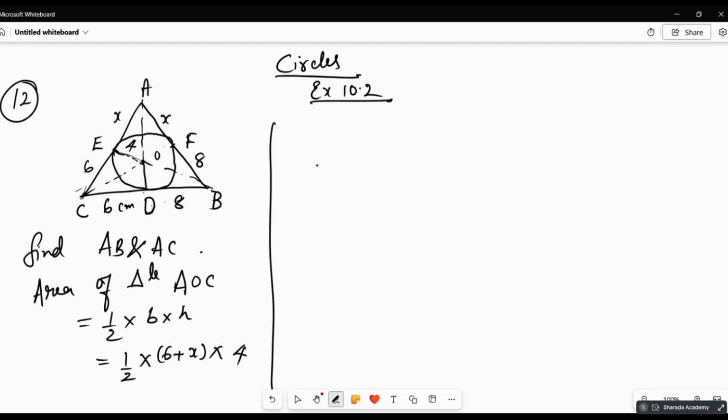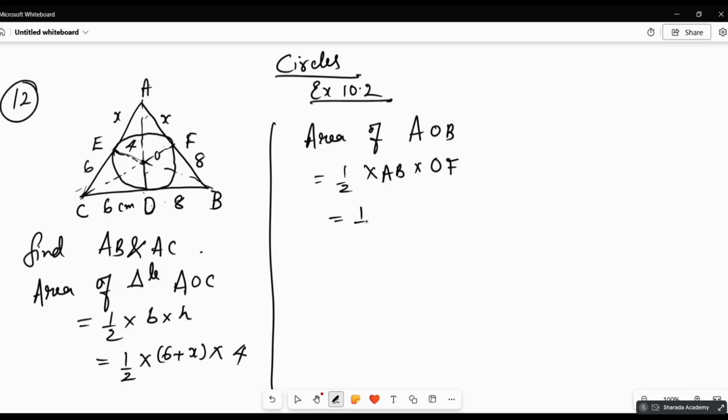Then area of triangle AOB. In this triangle, what you will get? Half into base, I will take it as AB, and the height will be OF, where O is this point.